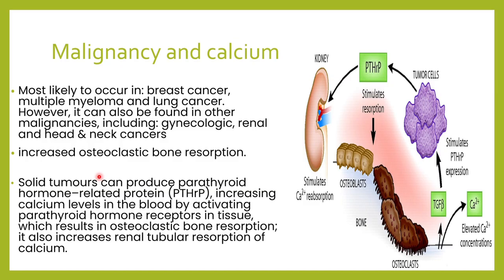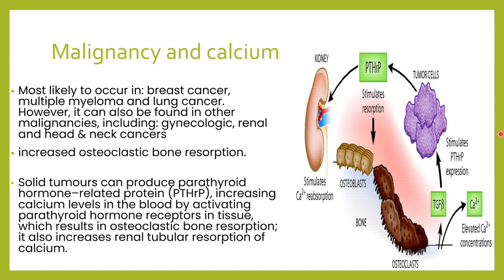I have told you that in certain malignancies, like breast cancer, lung cancer, multiple myeloma, certain malignancies of the head and neck, and gynecological malignancies, there is increased osteoclastic bone resorption.